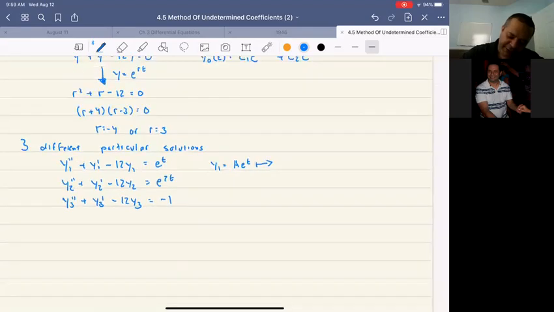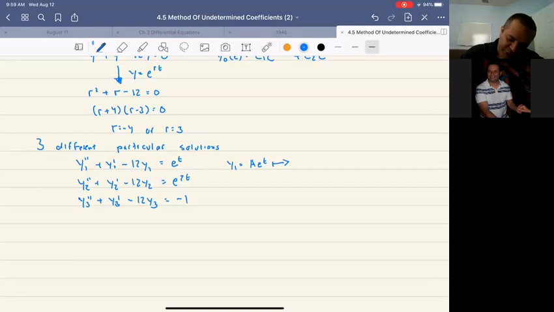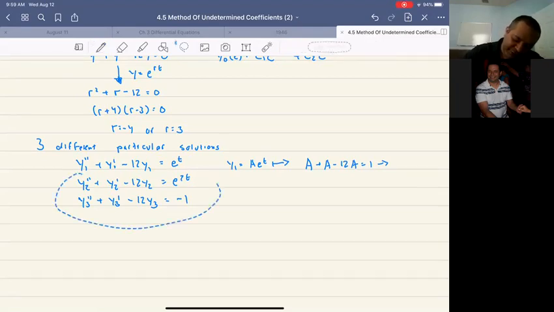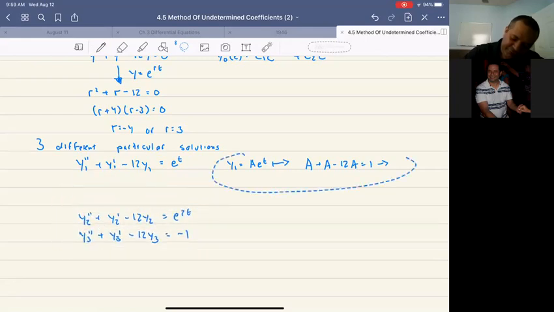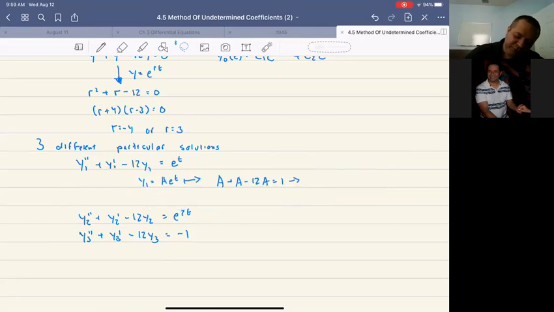If we solve that, that's going to give us a plus a minus 12a equals 1. So that's going to give us negative 10a equals 1. So a is negative 1 over 10.